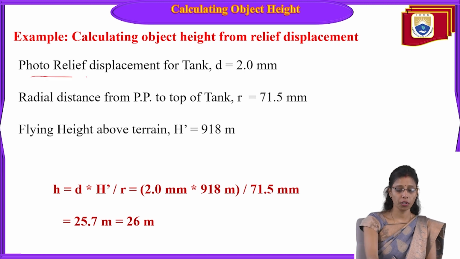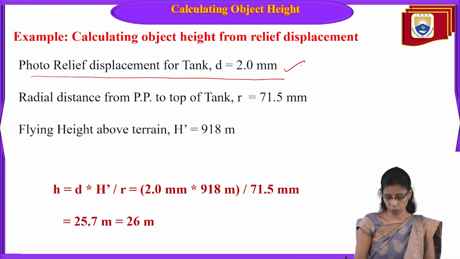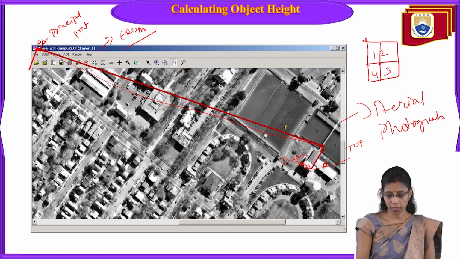For example, the photo relief displacement of the tank, D, is 2 mm. Okay. So this is what I was saying. 2 mm means, suppose here, this is top and this is base. So this we have as 2 mm. Okay.